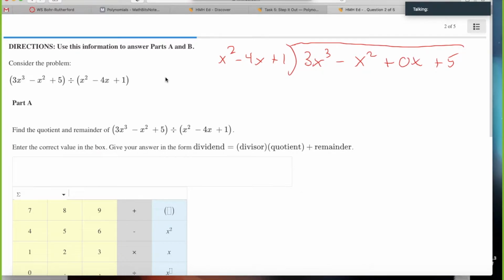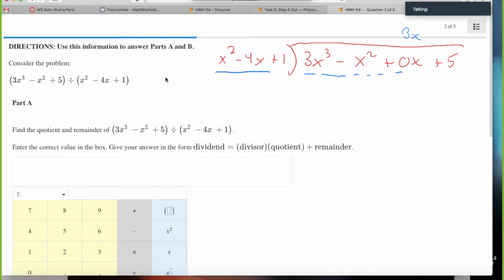So the first thing we've got to do is figure out how many times this is going to go into our first 3 terms. Looks like 3x, so I'm going to put the 3x in the x spot.